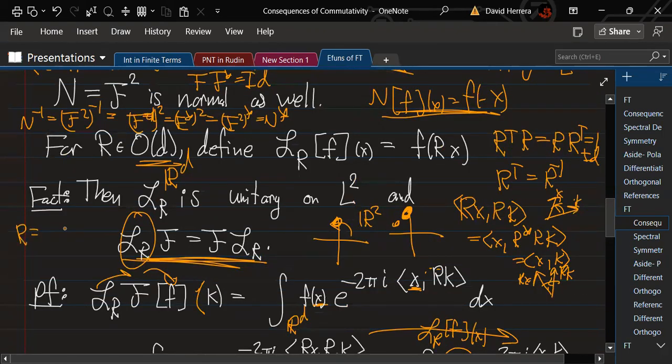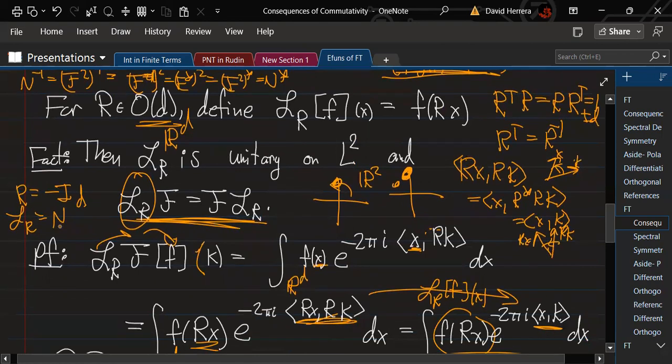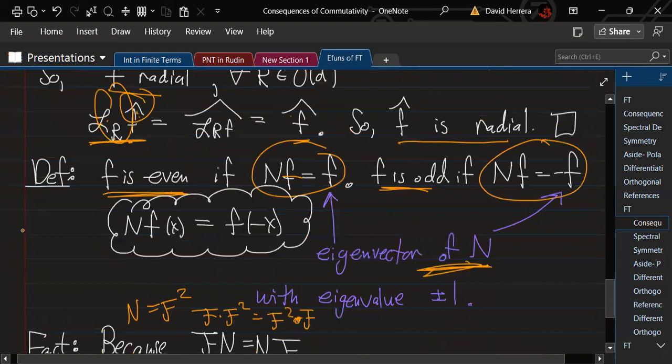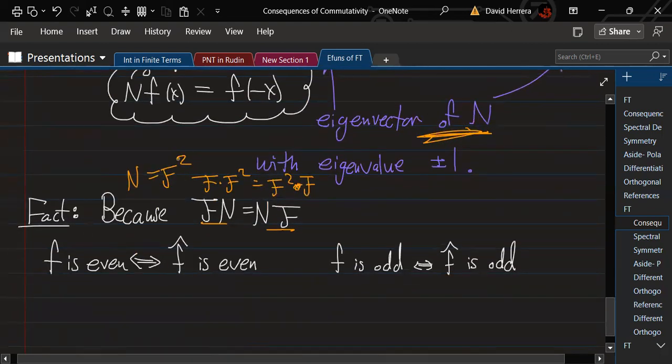If you take R to be the negative identity matrix, then L_R is just n. Now this depends on the dimension, but it will be either some kind of rotation or reflection. Anyway, the point is that n is an example of some kind of L_R, but also n happens to be the Fourier transform squared. So in any case, they commute.